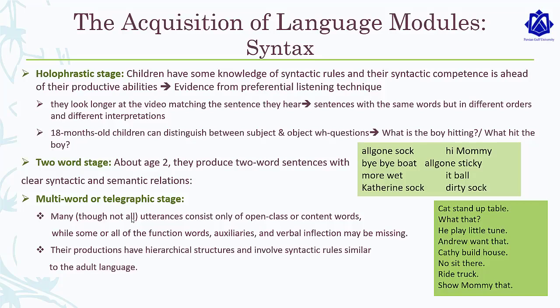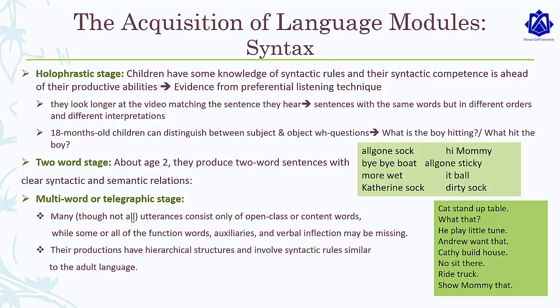Based on this performance, this looking preference, that they would look longer at the video that matched the sentence they heard, we know that they have a more complex syntactic knowledge compared to what they produce.